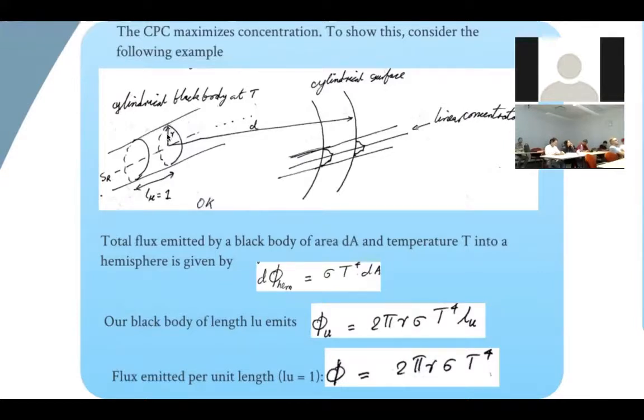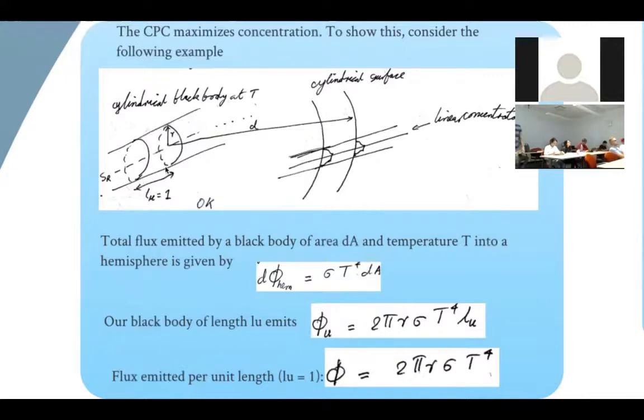The radius of the cylinder is small r. Now it's a black body, of course, so it's going to emit radiation in all directions, cylindrically. And the flux emitted by this black body is given by the Stefan-Boltzmann Law: sigma multiplied by temperature raised to 4 multiplied by the area of the black body.